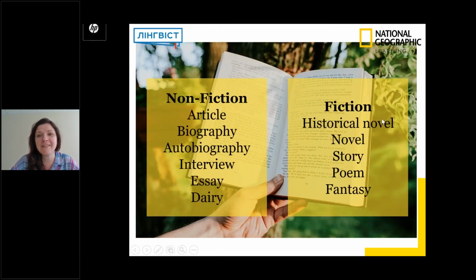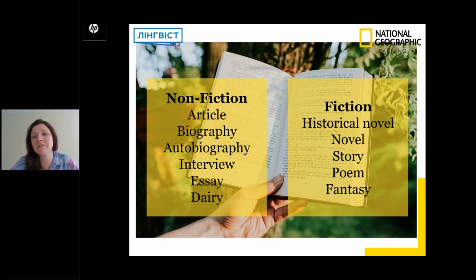So these are the answers. For nonfiction, we have article, biography, autobiography, interview, essay, and diary. Again, these are all pieces of writing that have real life events and contain different facts, right? For the fiction, this is something that was made up by a writer, a group of people.